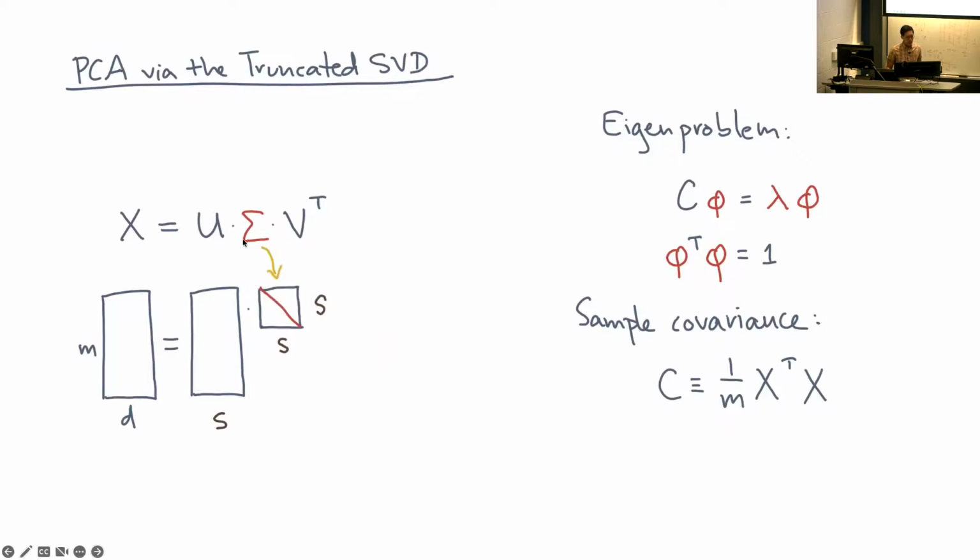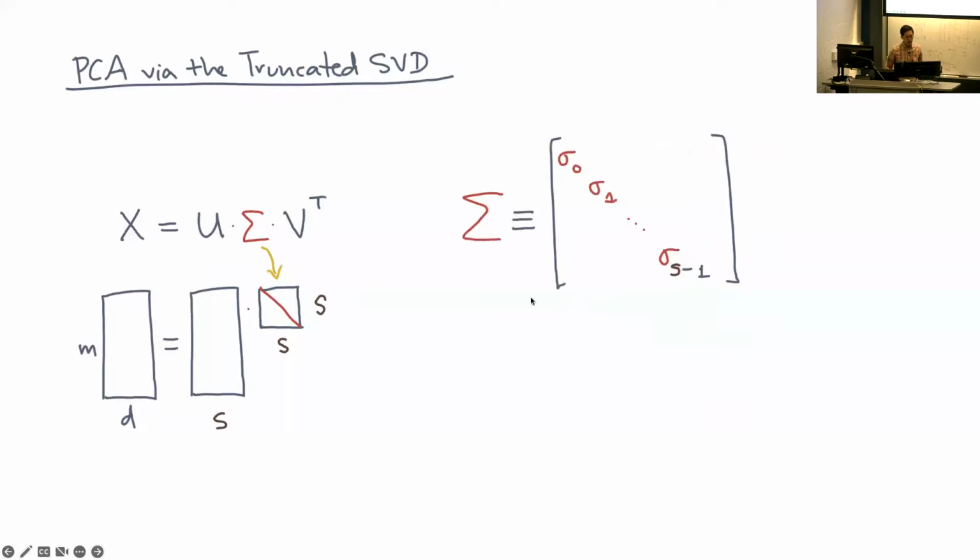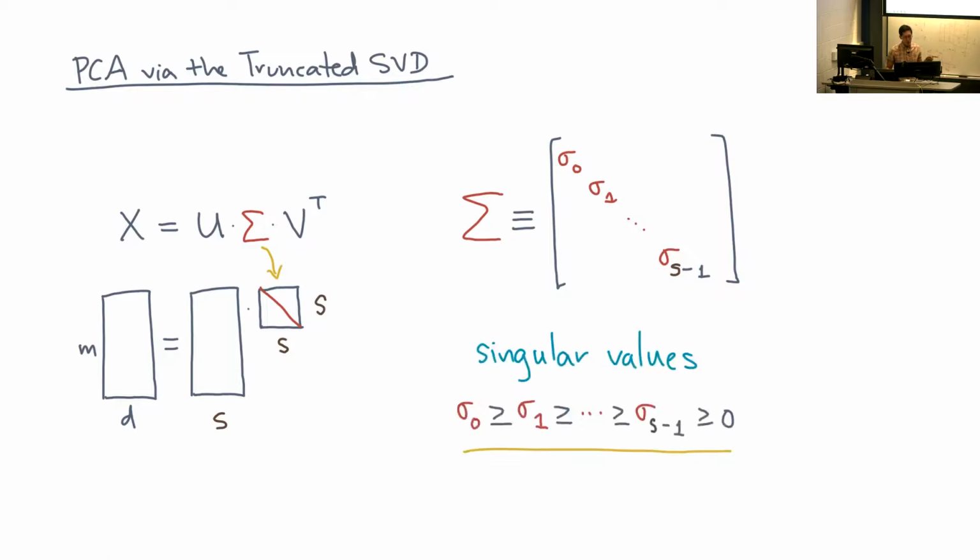The matrix sigma will be a diagonal matrix, an S by S diagonal matrix. By convention, we'll label them sigma 0 through sigma S minus 1, since this is S by S. And also by convention, we will assume that they're ordered in non-increasing order.